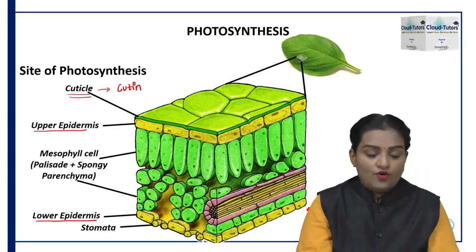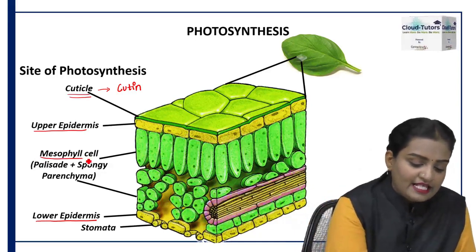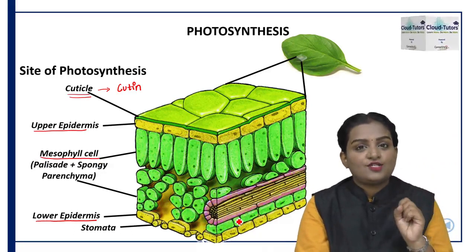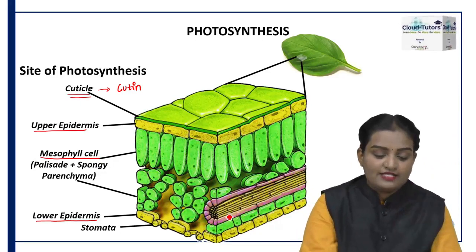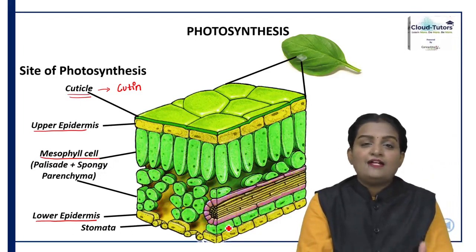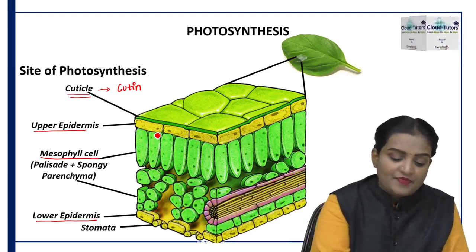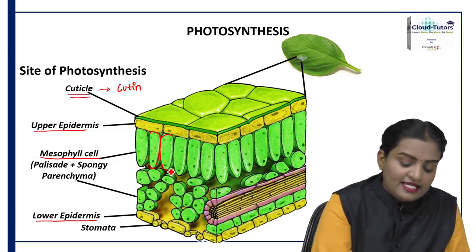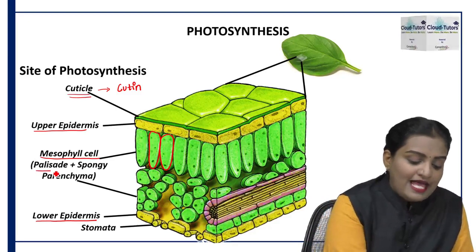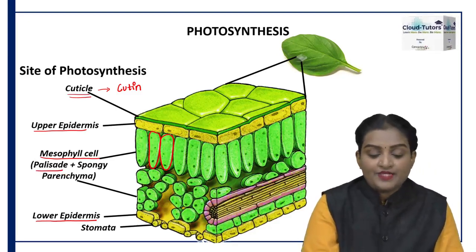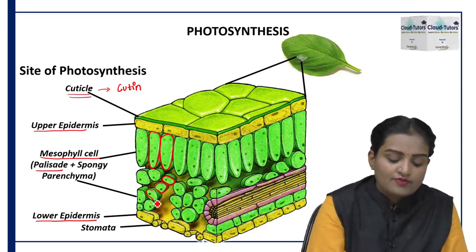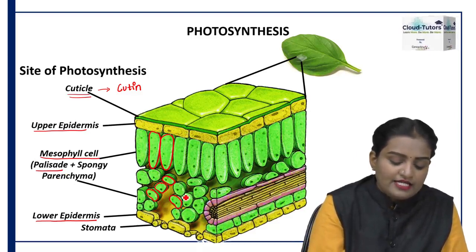Between upper and lower, we have the main cells known as mesophyll cells. Mesophyll cell or tissue is made up of two types of cells based on the structure and also rate of photosynthesis. So here you can see column-like cells. These are known as palisade parenchyma, and you can see structurally deformed or polygonal shaped cells here.